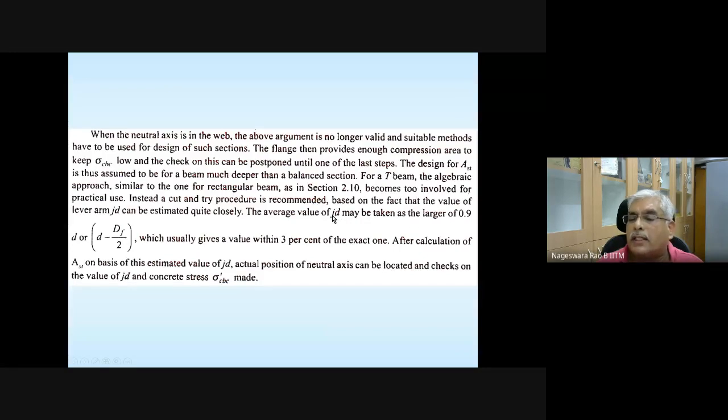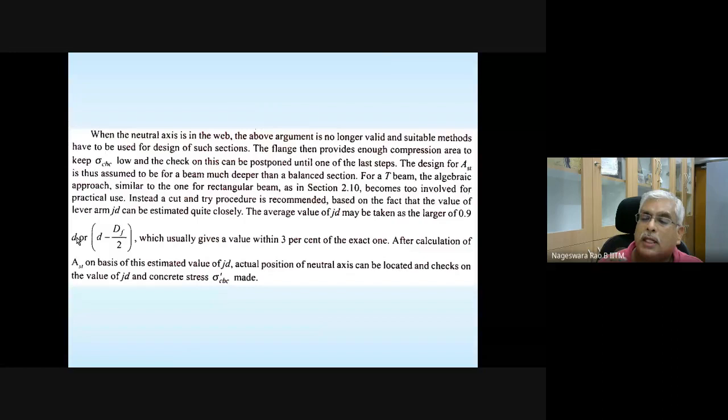Please note that when we were analyzing these T sections, I already pointed out to you the approximate value of the lever arm distance. So again, the same thing is written here. The average value of jd, the lever arm distance, may be taken as the larger of 0.9 times d, where d is nothing but the effective depth.